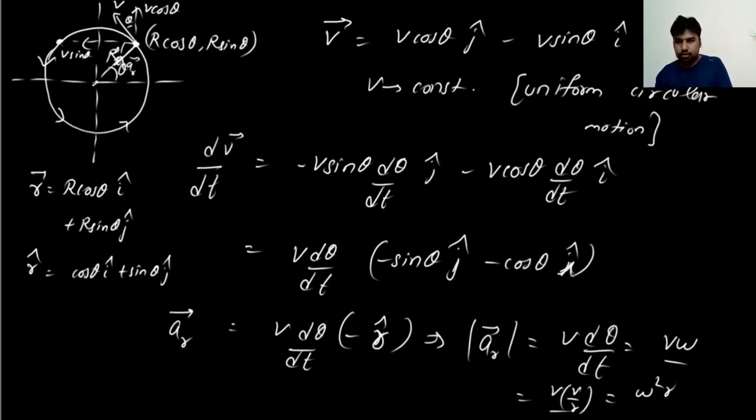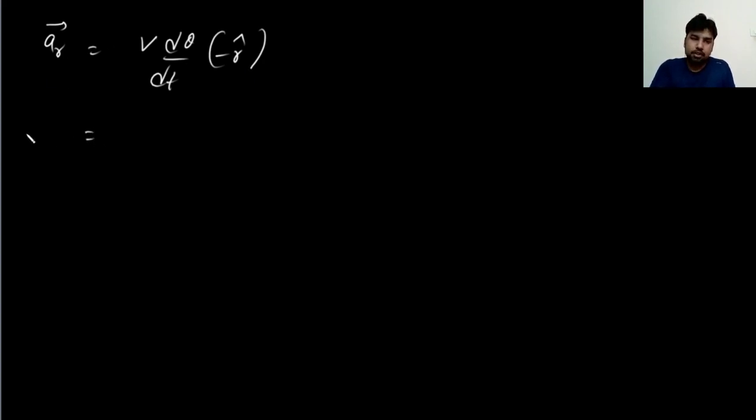Now we got A_R vector equal to v d theta by dt minus r cap. If I just multiply both of them with m, m A_R vector should be equal to m v into omega. Forget about minus r cap for some time because it's a vector quantity.